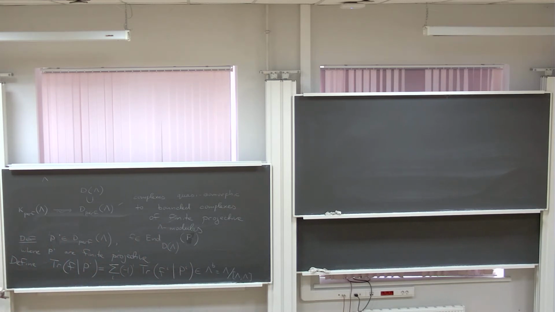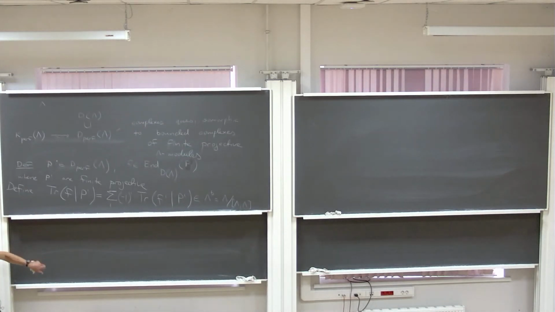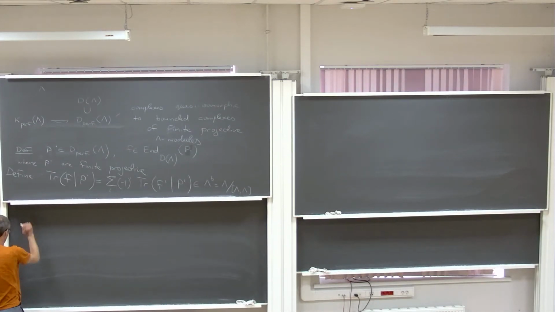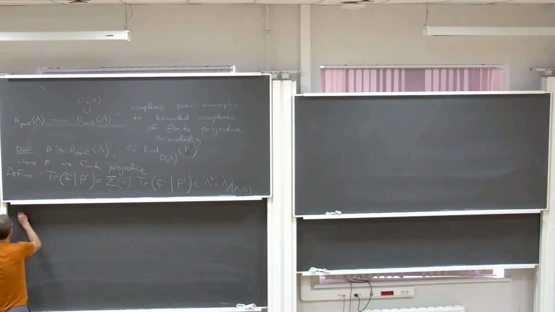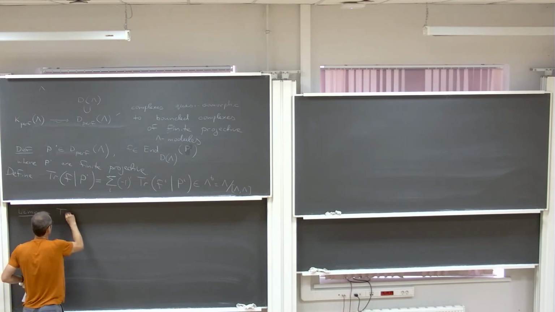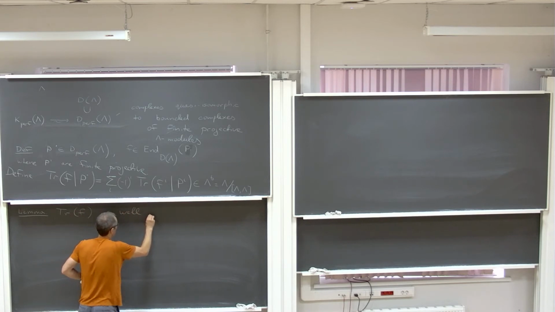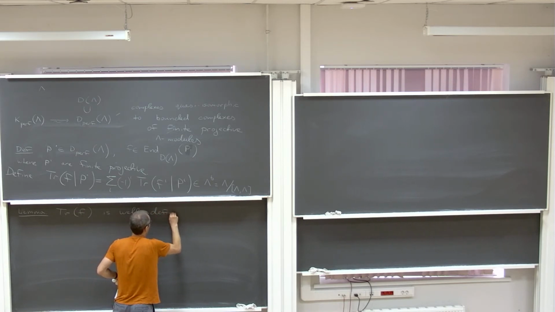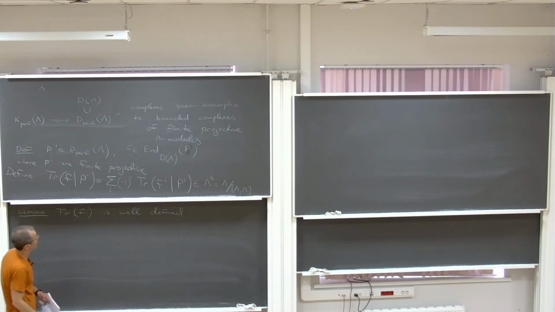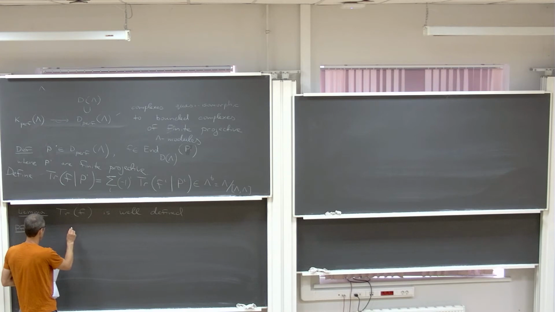So that is the definition, but we have to prove it. We have to show, this is a lemma, that the trace is well defined. Okay, so let's see what we have to check here. First of all, suppose you have two endomorphisms.